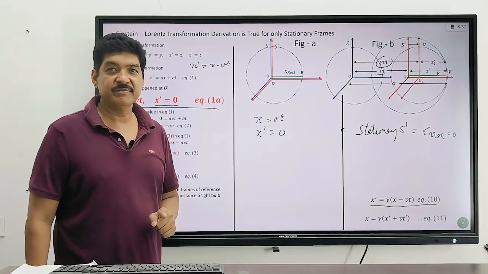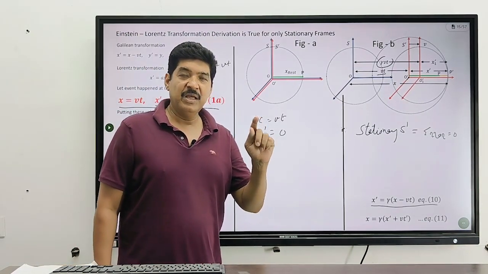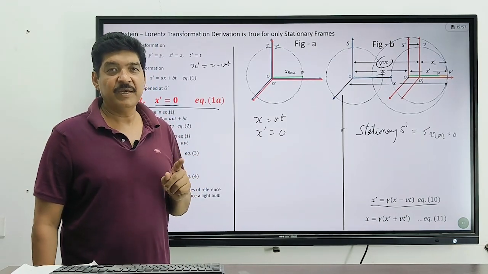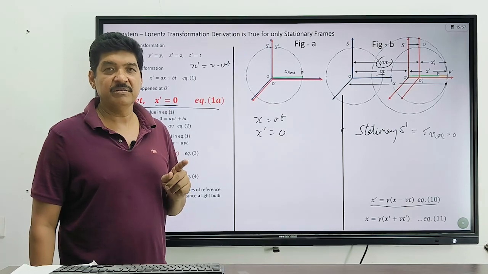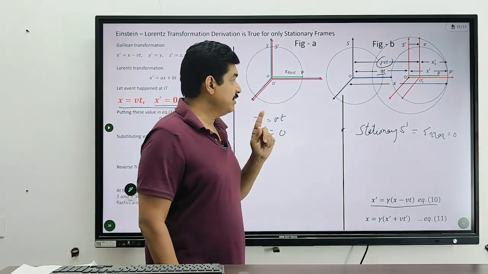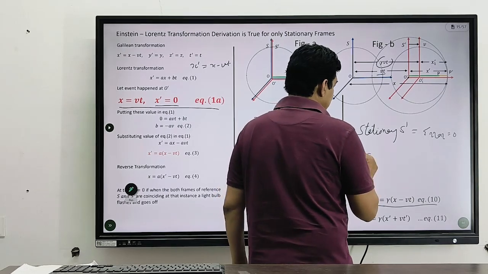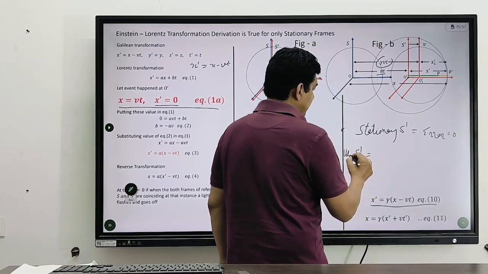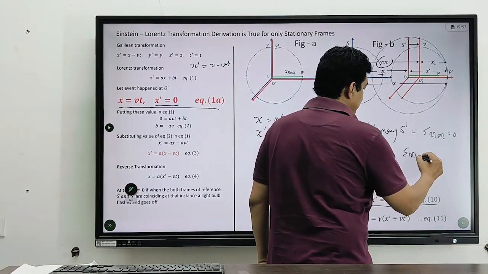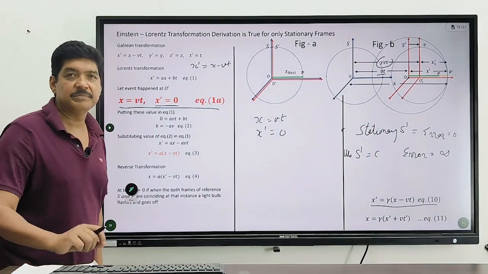But if it is moving with velocity v, then the error will start increasing. And if it reaches the highest velocity, that is c, which they proposed nothing can go beyond, though I digress from it, but still, if you take the maximum velocity, velocity of S prime equal to c, then the error is equal to infinity.